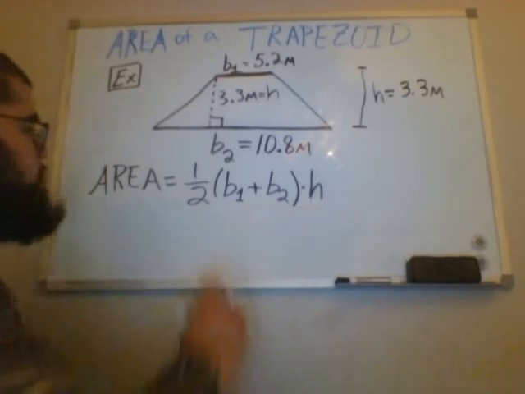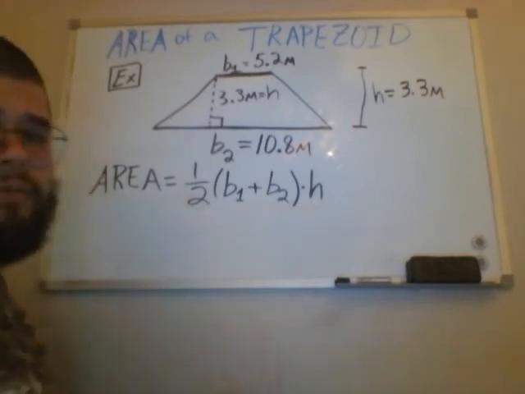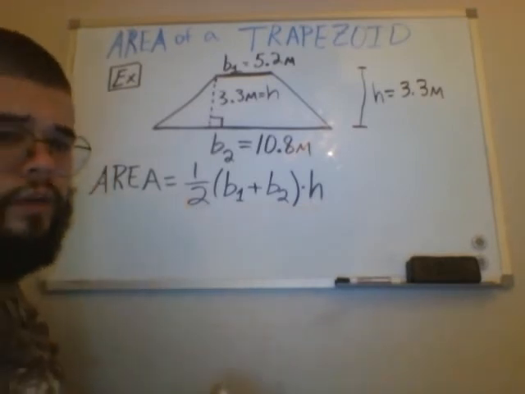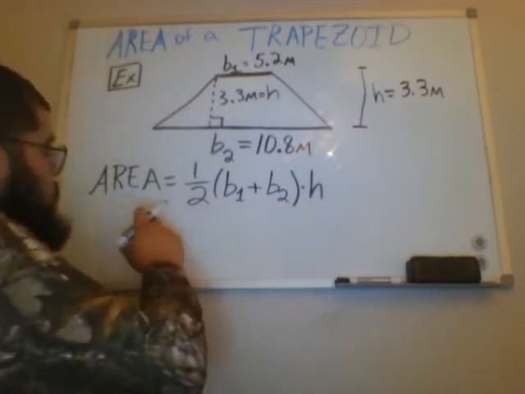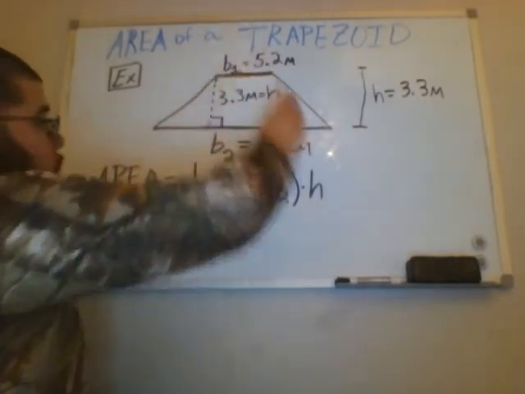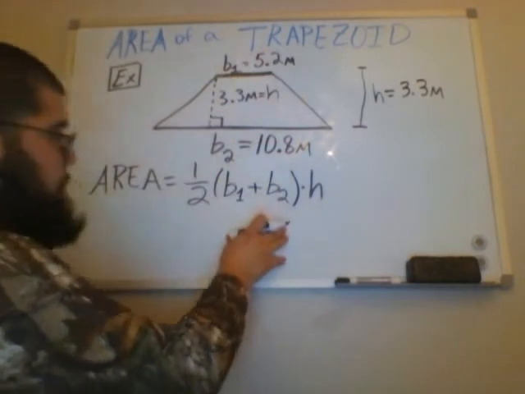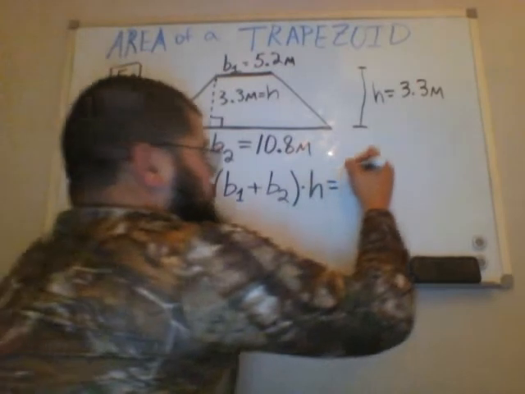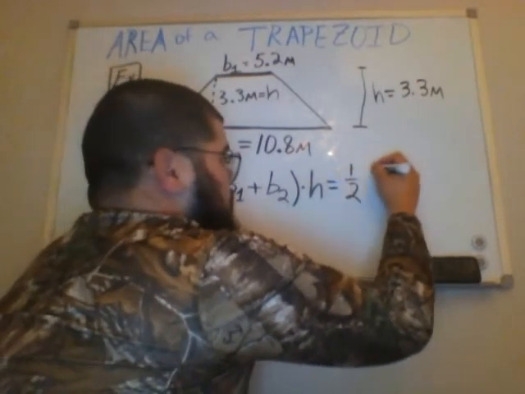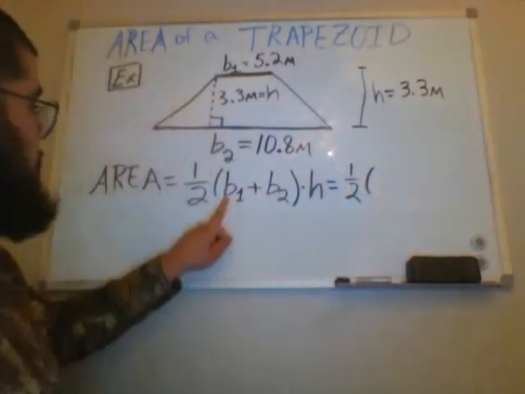Okay, now we're going to go ahead and substitute all the things in that we know. Substitute in all the things that we know. And remember, we're just going to grab all the numbers that we know. We're going to substitute them into here, okay? So let's go ahead and do that. So equals, we're going to do 1/2, open parentheses, base 1.